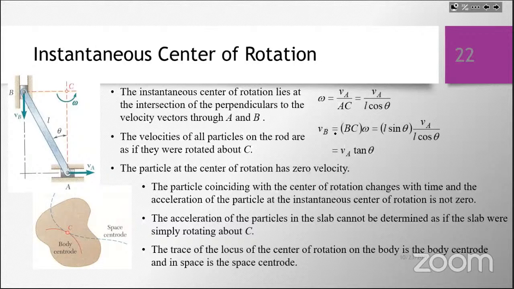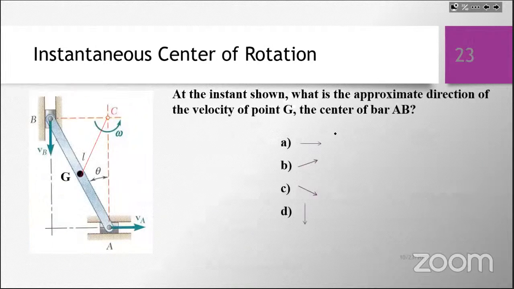So wherever this point C goes, if you plot it for all time for your system, if it's in space, we call this the space centroid, and if it crosses onto the body that we're talking about, then it is a body centroid. Okay. Those are two terms that we will never, ever talk about ever again. So there's that. Okay.